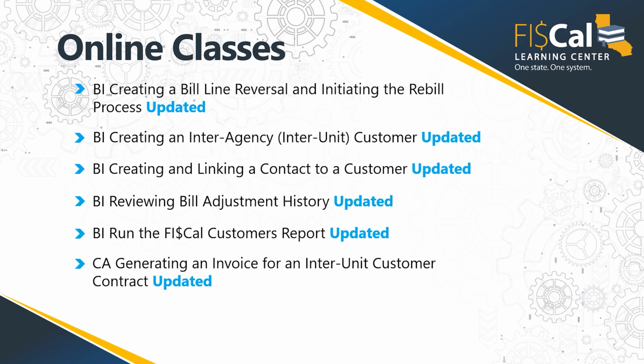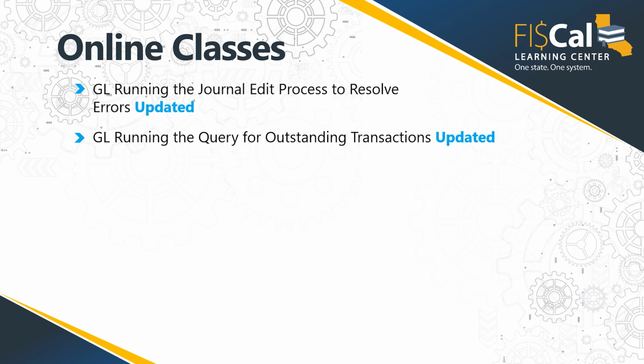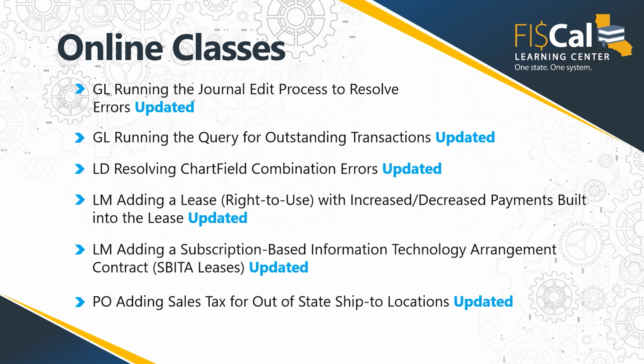CA, generating an invoice for an inter-unit customer contract. GL, running the journal edit process to resolve errors. Running the query for outstanding transactions. LD, resolving chart field combination errors.